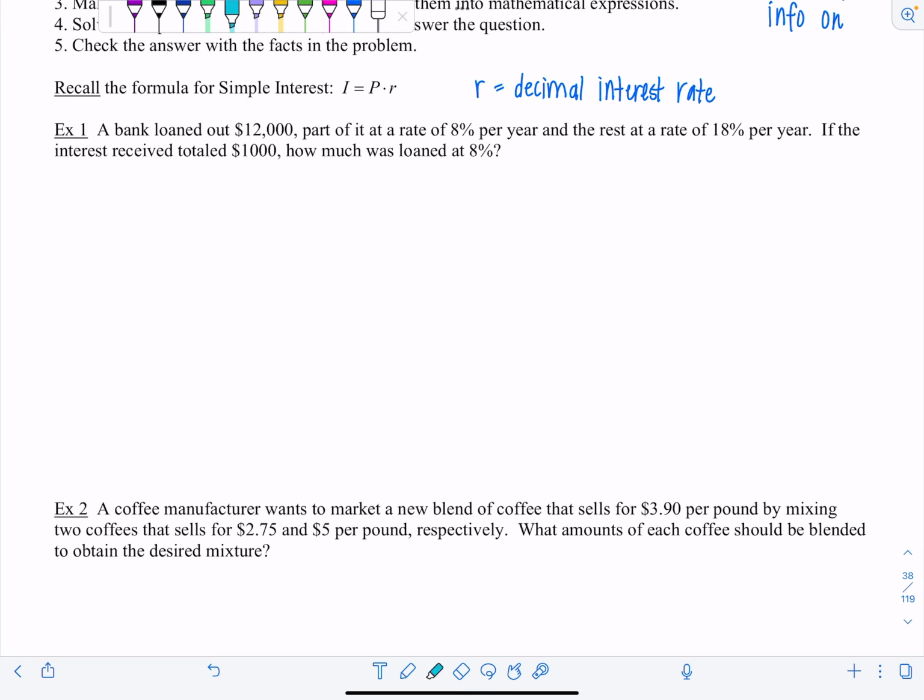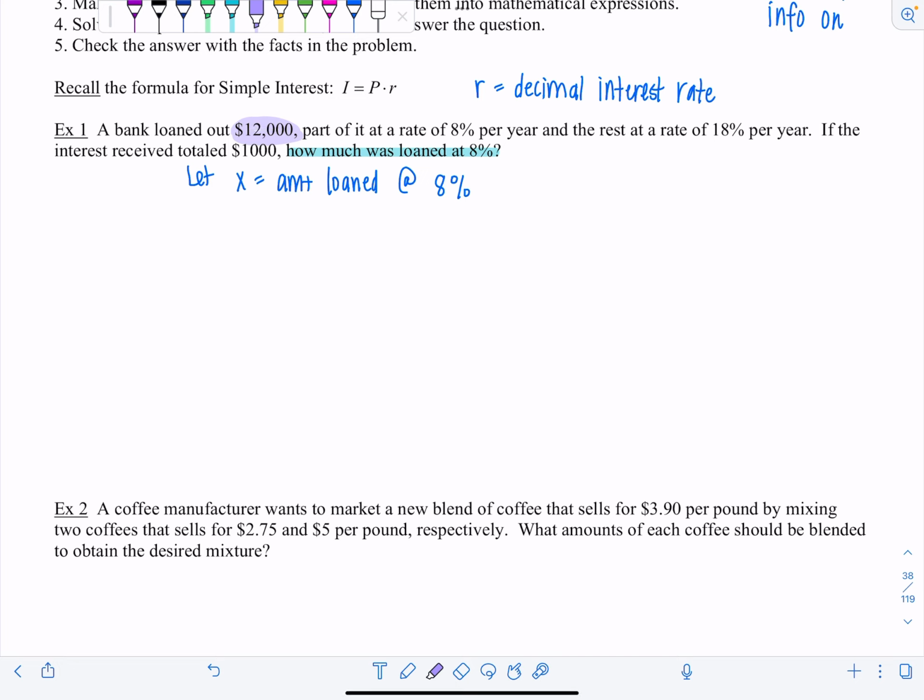So right here in the question is a clue how to define our variables, because they said how much was loaned at 8%. So I'm just going to let x equal the amount loaned at 8%. So what would represent the amount that was loaned at 18%? Well, remember we had $12,000 total, right?